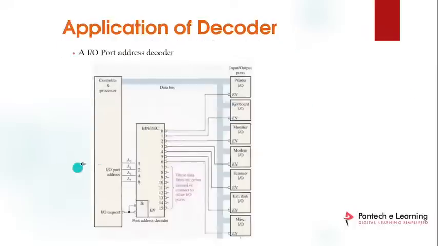Like if you give the input A0 like 0 0 0, you can access the printer. Why? Because the decoder performs like that only. So the decoder is used to access peripheral devices in computers like printer, keyboard, monitor, scanner, and so on.